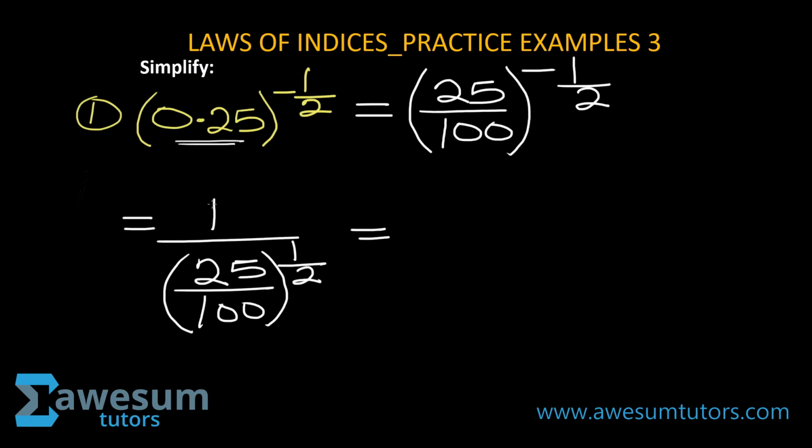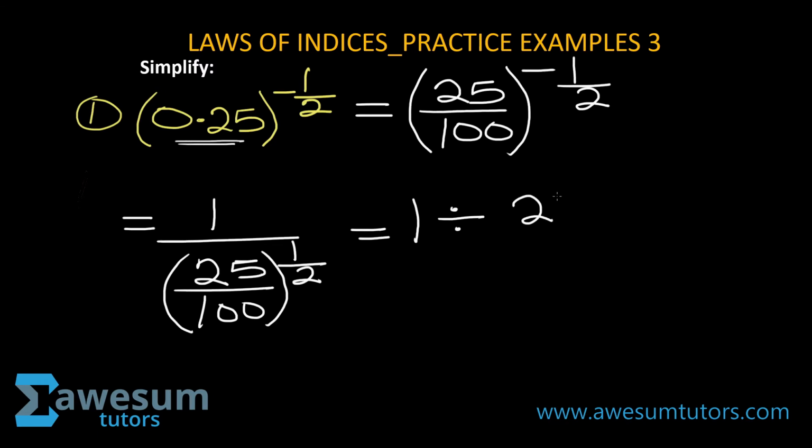So now, to make life easy for you when you're solving this problem, you can do this. This is 1 over, because that is the negative sign of the index, which you can rewrite to be 1 divided by 25 over 100.